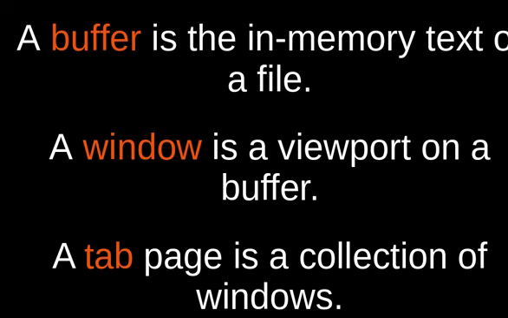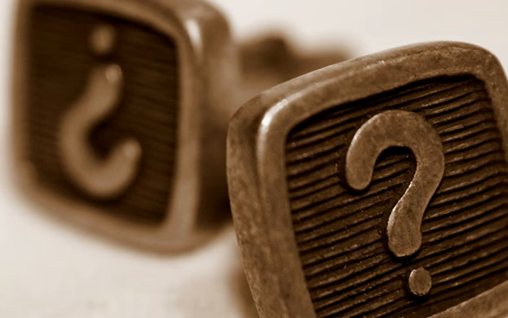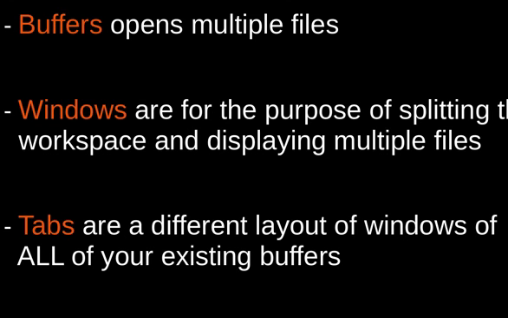When you open a new tab, the old window will remain, and a tab is then just a collection of different windows you can open. Any questions about these definitions? Okay, this is not the case. Then we will go on.